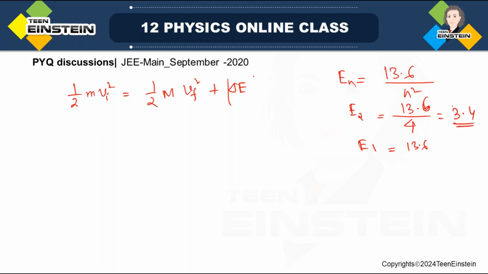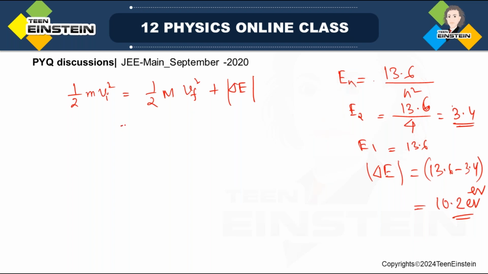I take the modulus, otherwise there will be a minus sign over here, bound state. So delta E modulus will be 13.6 electron volt minus 3.4 electron volt. This will give you 10.2 electron volt.